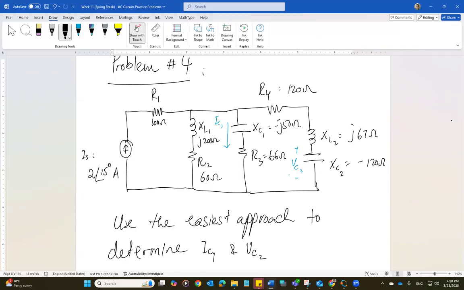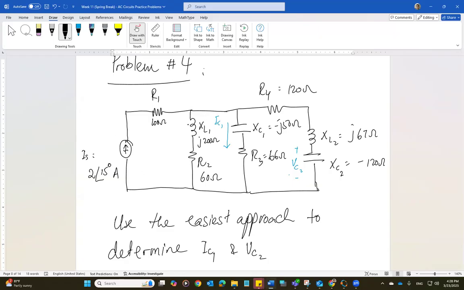So many of you, again, when you see a loop, you jump instantaneously into solving it with loops. This problem can be solved simply using a combination of resistors, impedance in this case. So you can combine all the impedance, and then you can have only R1 and an equivalent impedance and your source.